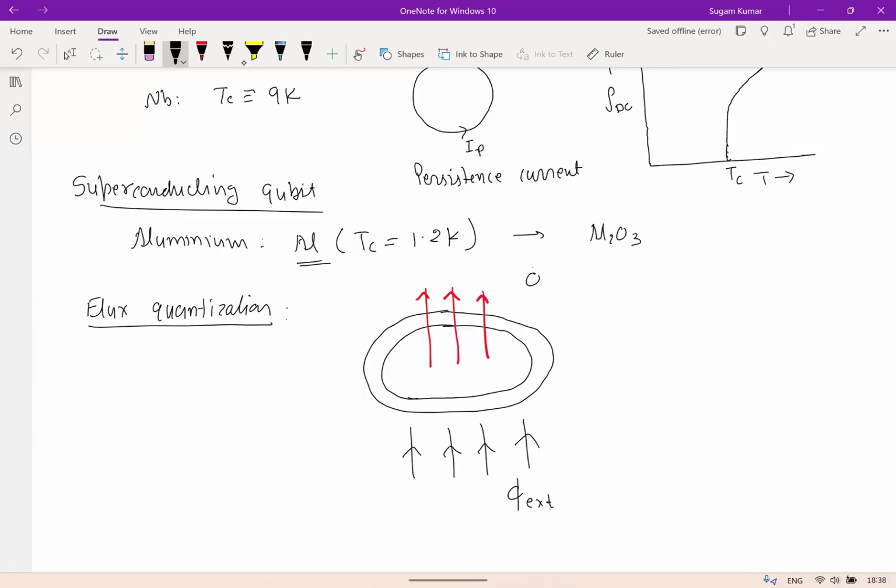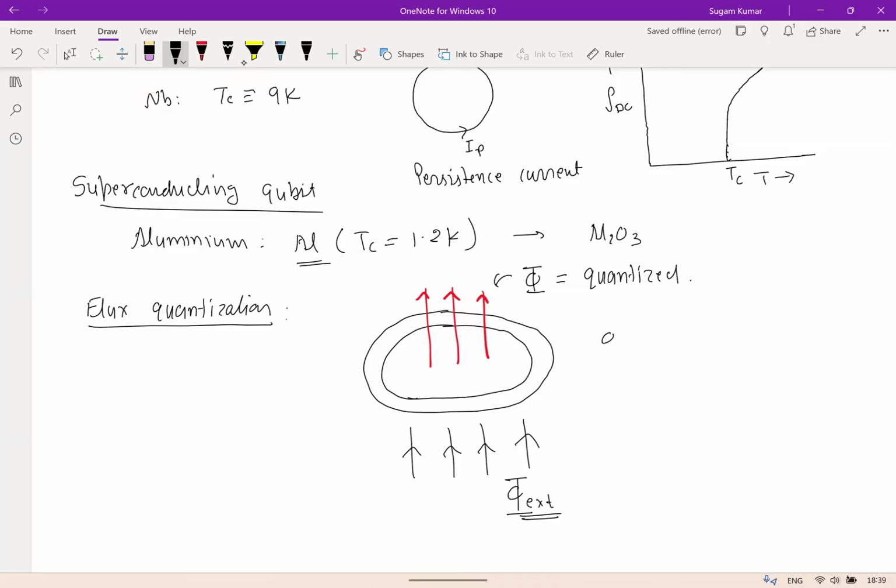which I can call phi, is quantized. What I mean by quantized is that if you keep increasing this phi external, the flux through this loop does not increase continuously. It increases in steps.